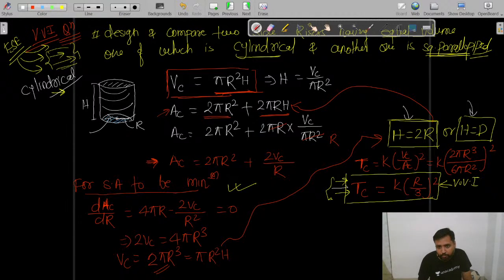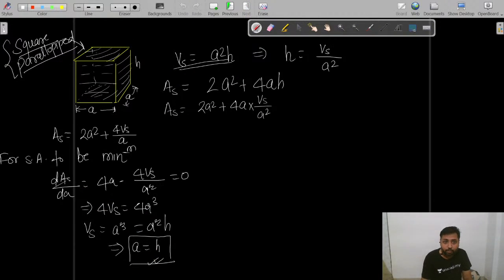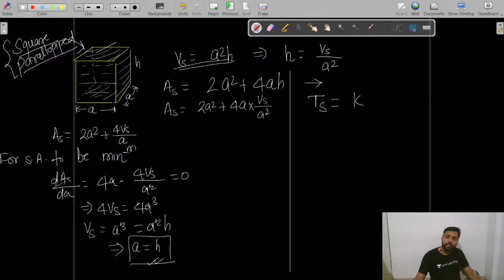And now, as you found the solidification time for the cylindrical casting, the same way you can find the solidification time for this square parallelopiped riser, and let us do that. The solidification time for a square parallelopiped riser will become K into (Vs upon As) whole square. What is the volume of the square parallelopiped riser?